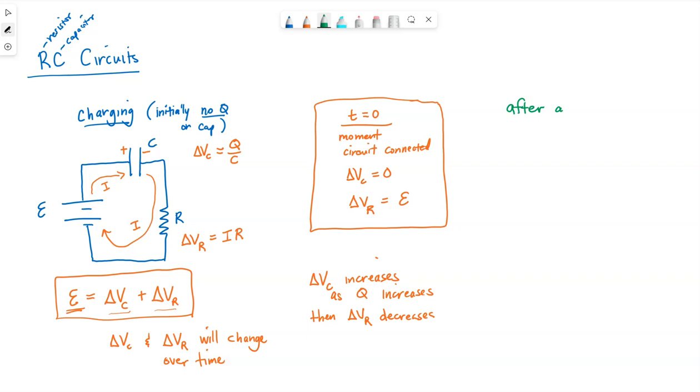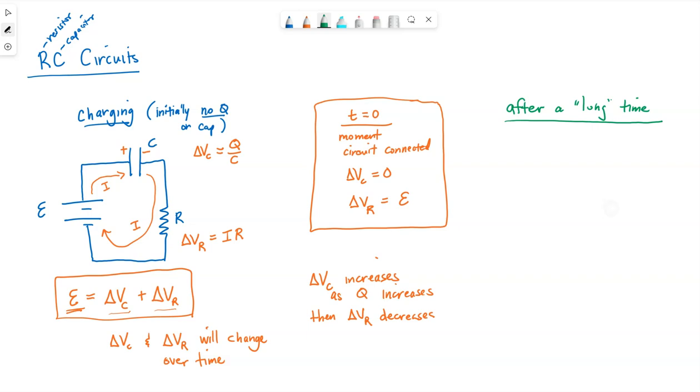After a long time. I'm putting long in parentheses because it's not necessarily a long time. Like if we think of something taking a long time, we're thinking hours or days. A long time for a capacitor is still microseconds, milliseconds. It depends upon the value of the capacitor, resistor, and battery.